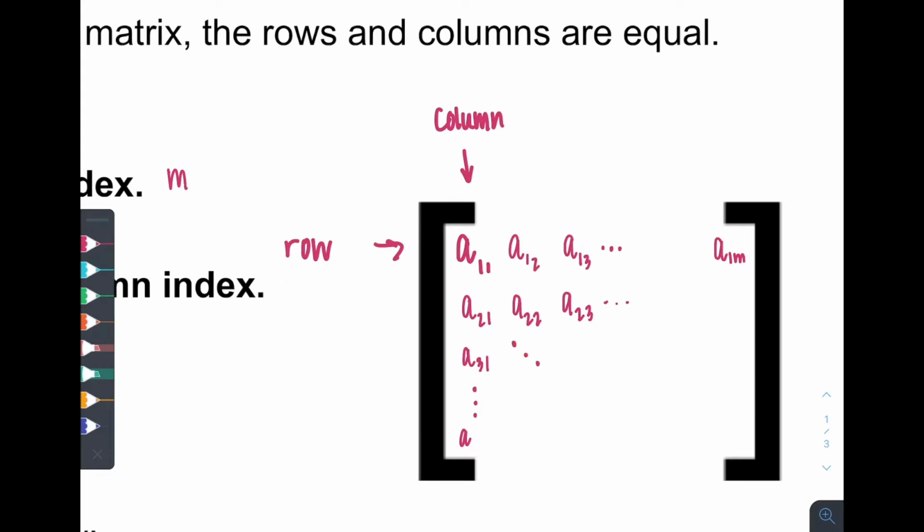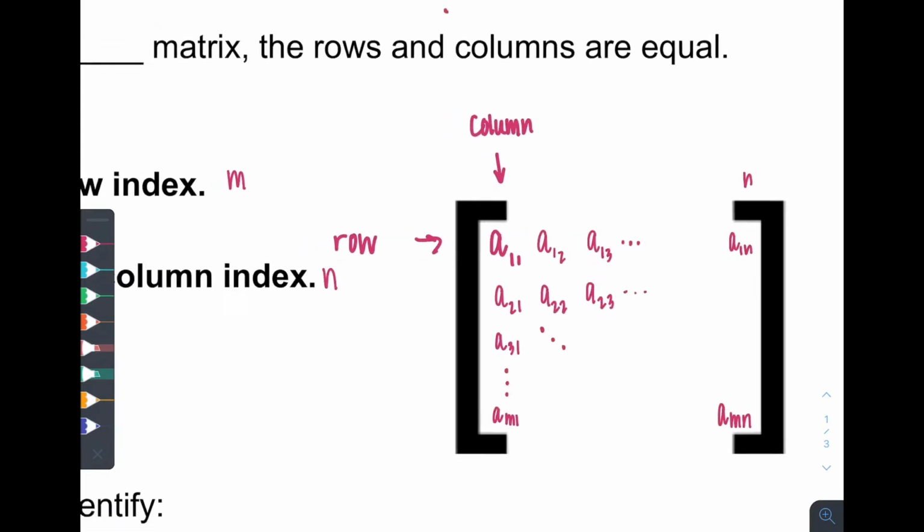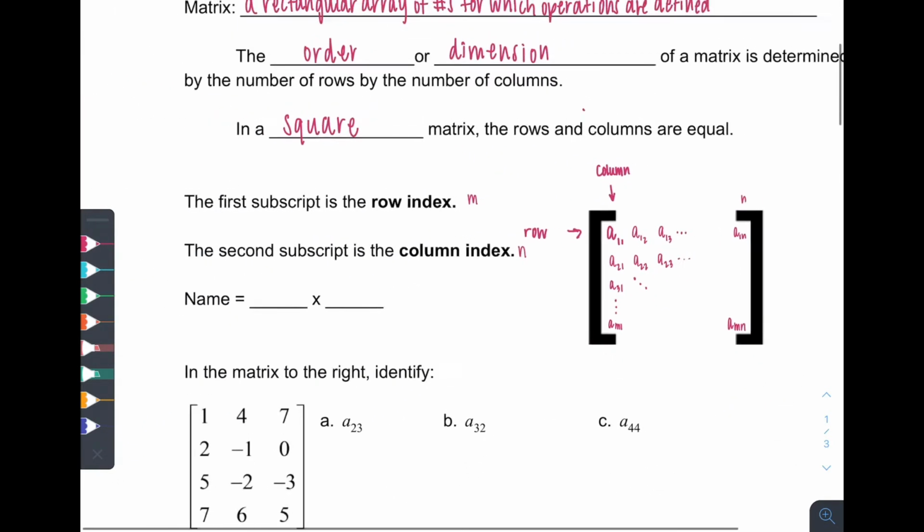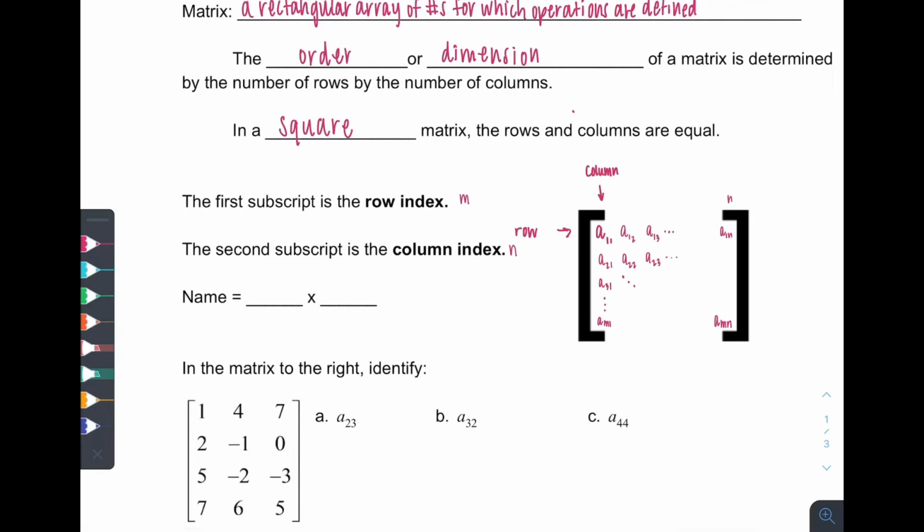Okay, so if this is column n all the way across, this is A1n, and this is Am1. Then down here, this is Amn. So m is the row and n is the column. That is less important. Okay, so then the name of it is m by n.